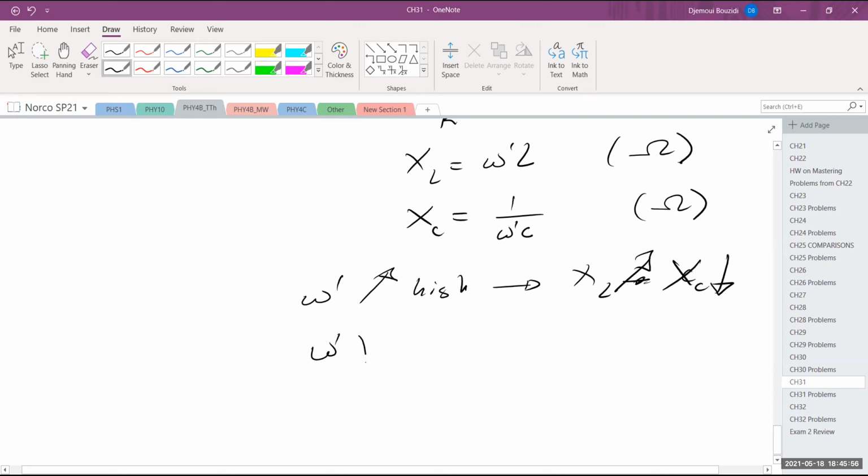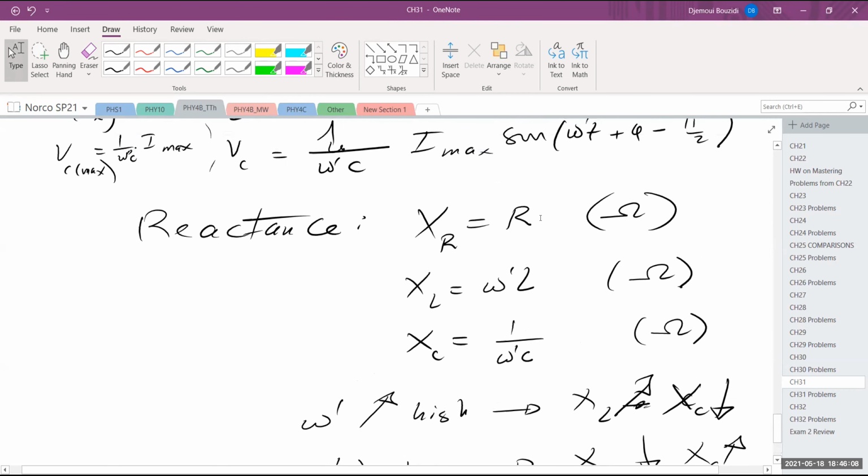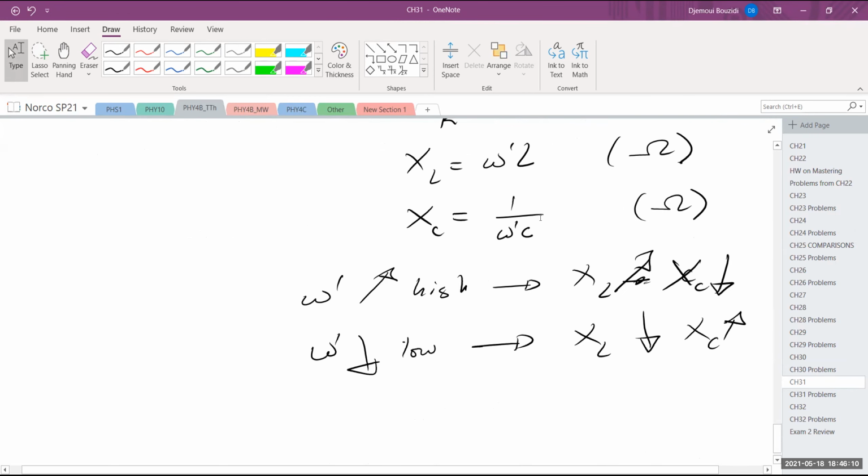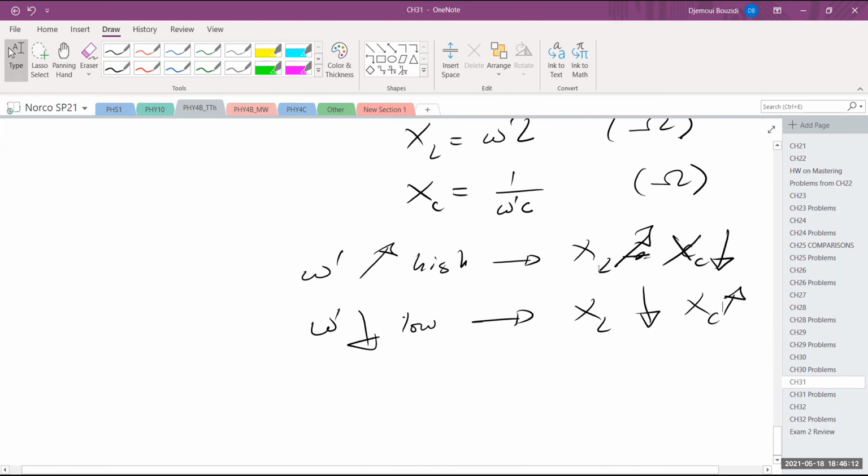For omega prime going down low, XL goes low, but XC goes high. So these things change, but in either case, XR does not depend on the frequency. It stays R all the time, okay? So this behavior, we need to take advantage of it.